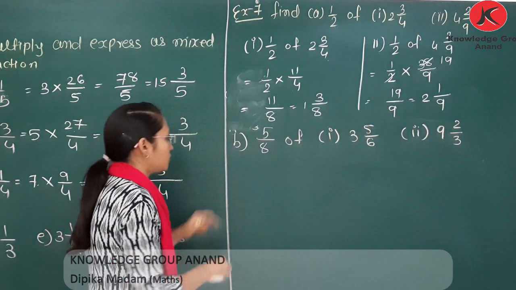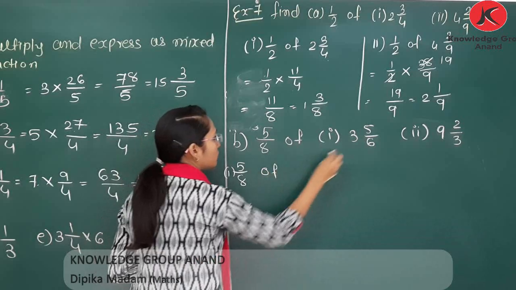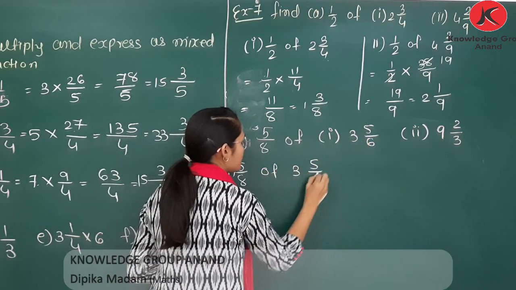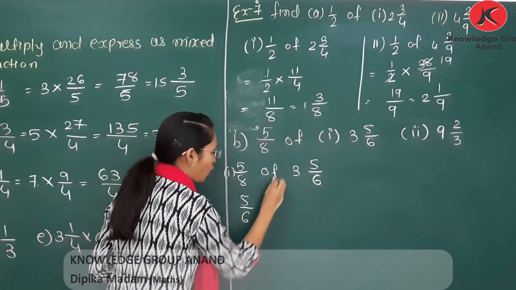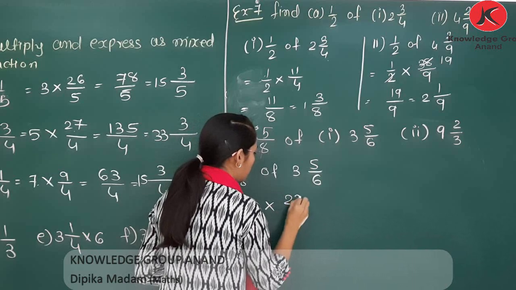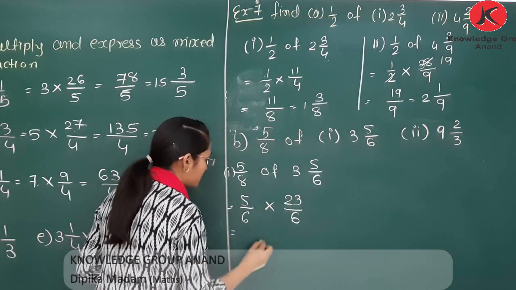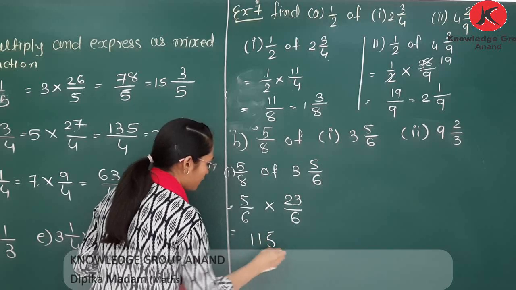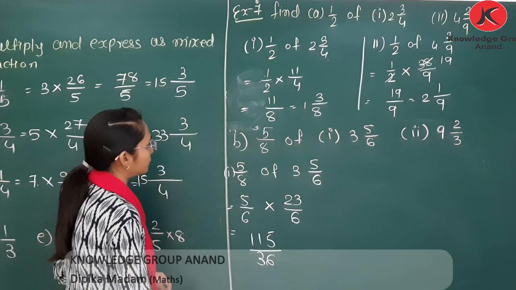Now next one, 5 by 8 of first 3 5 by 6. Convert this into improper. Of means multiplication. 18 plus 5, 23 by 6. If you multiply this, 23 5s are 115 divided by 36.